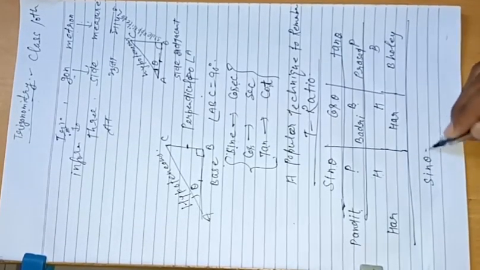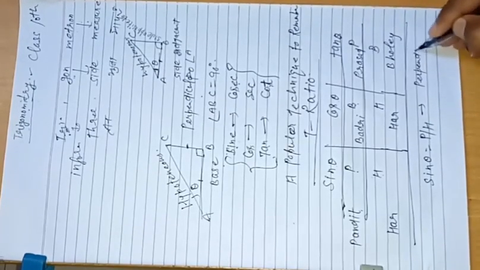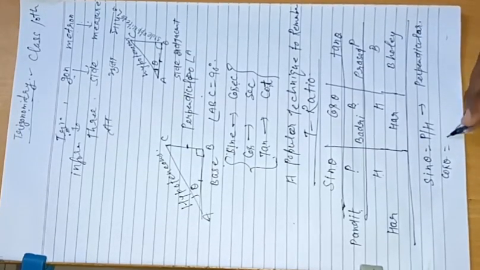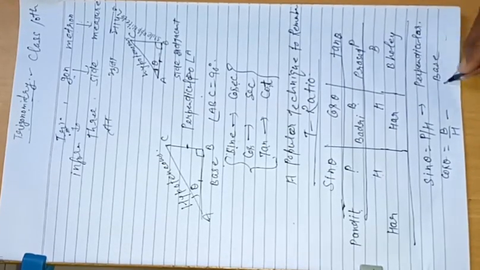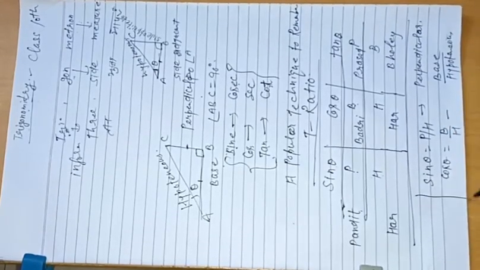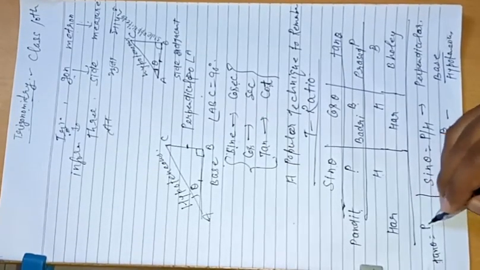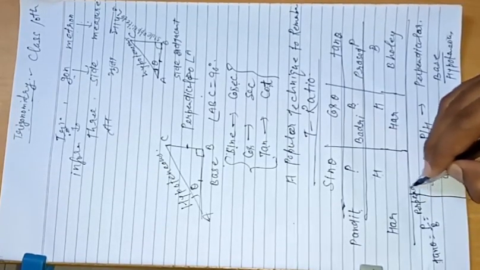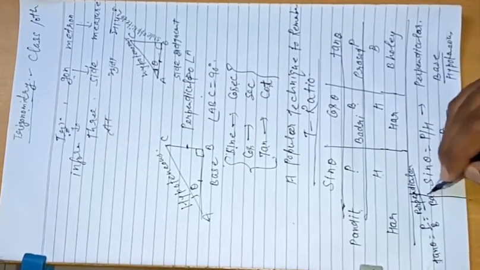Sin theta is equal to P by H, where P is perpendicular, and cos theta is equal to B by H, B is base and H is hypotenuse, and tan theta is equal to P by B, which is perpendicular upon base.